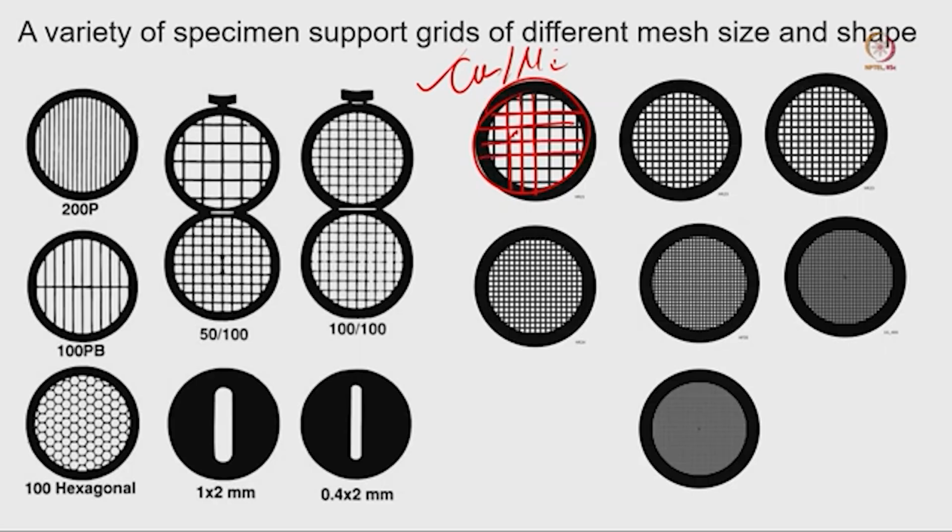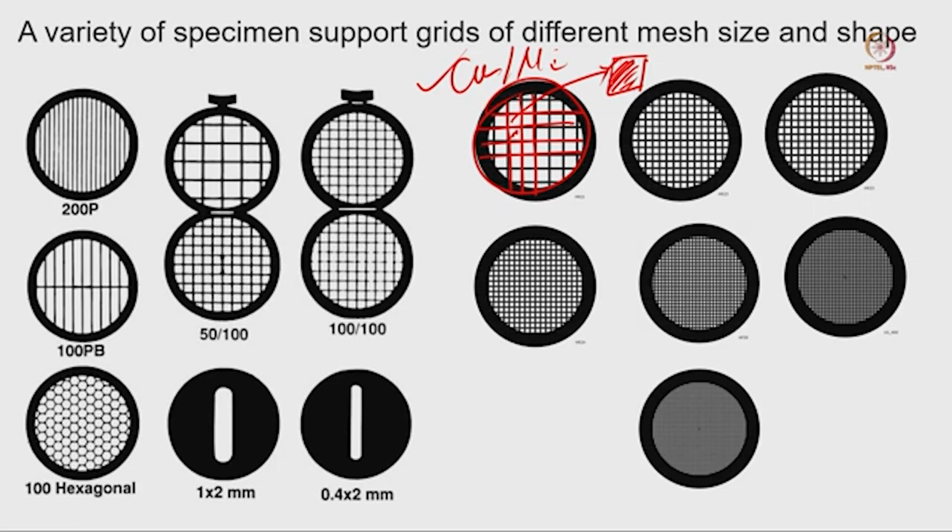When we want to image something, we have to target those empty areas which are coated with amorphous carbon, and this carbon is so thin that the electron beam can easily pass through it and give us an image.